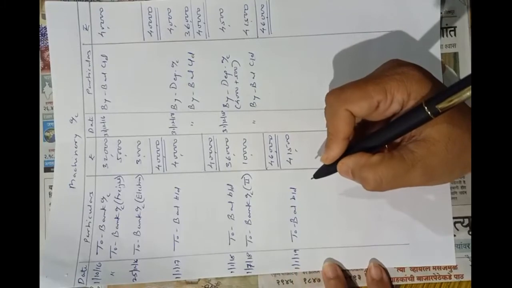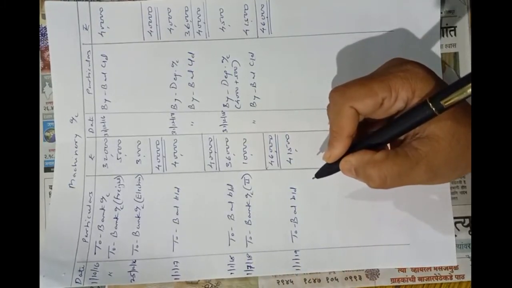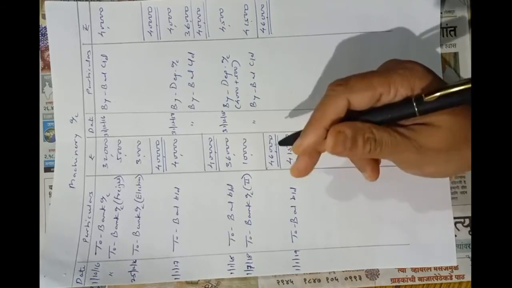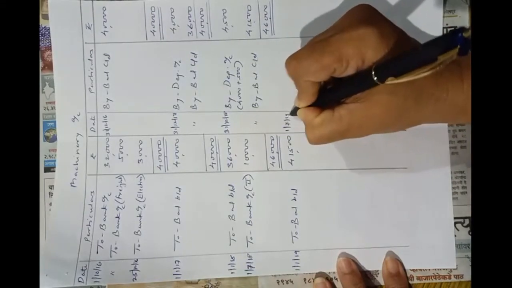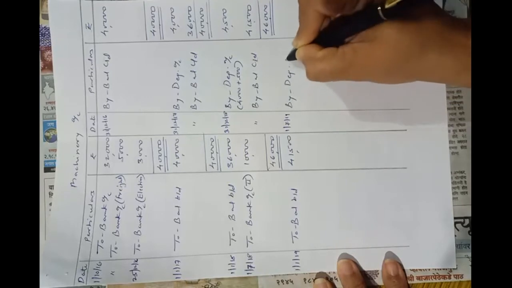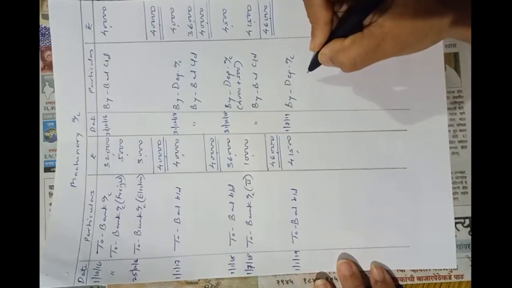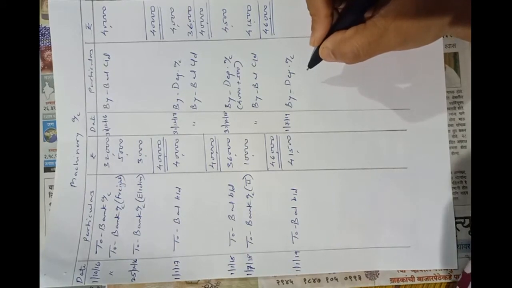Now in 19, on 1st July 19 they have purchased one more machinery, and when they sold the first machinery, so on 1st July 19 by depreciation account, depreciation on machinery sold is rupees 2,000.